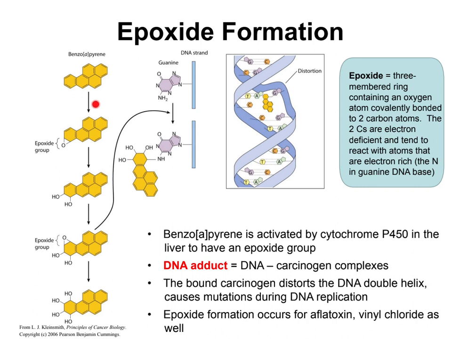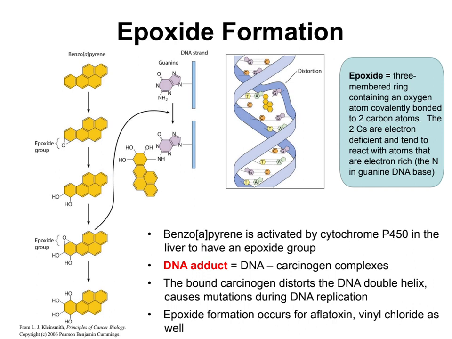So here's the original molecule. Here's a reaction that adds an epoxide group. Another reaction, here we have two OH groups. Here we have a reaction that has epoxide plus the hydroxyl groups, and here we have 4 of those hydroxyl groups.